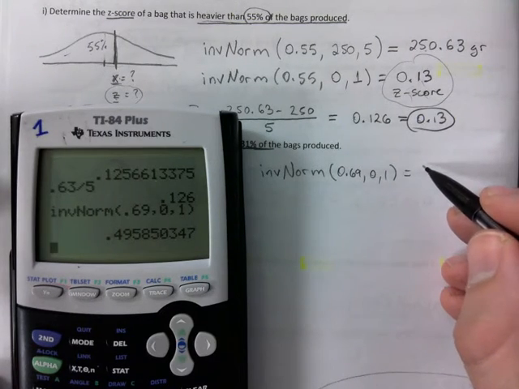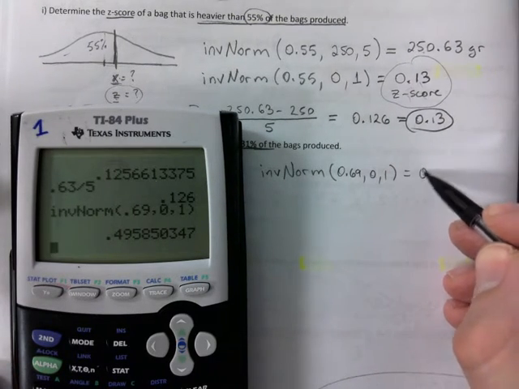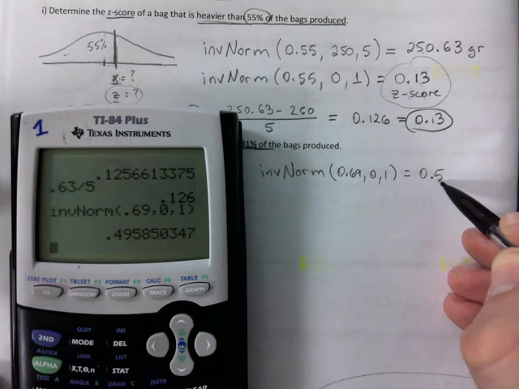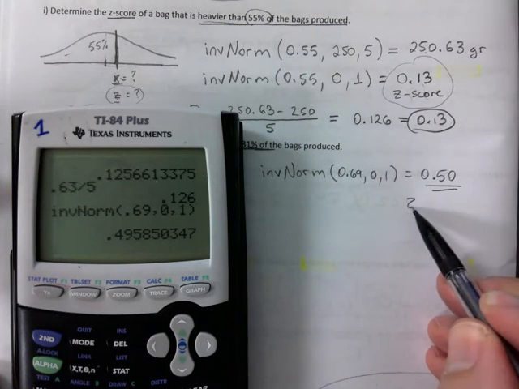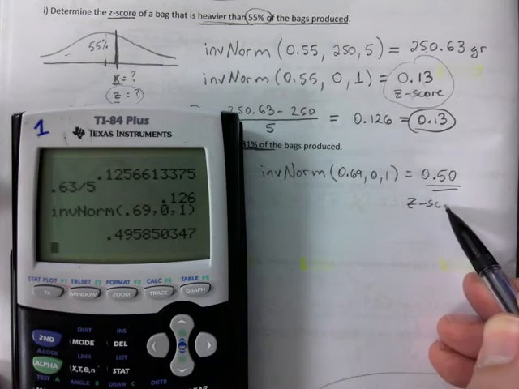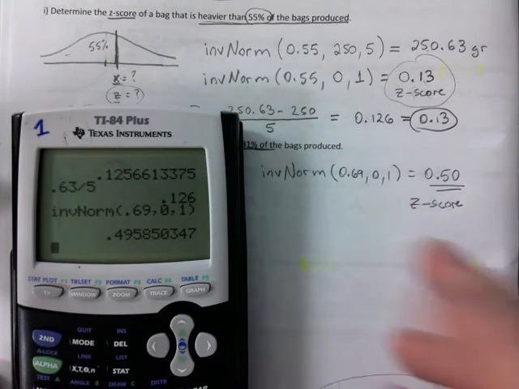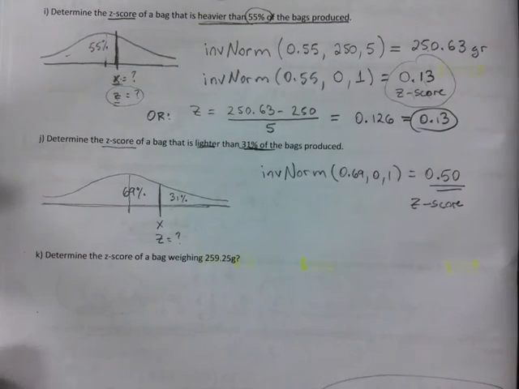And that's 0.50 if you round that. That's the z-score. Okay. Because you round it.